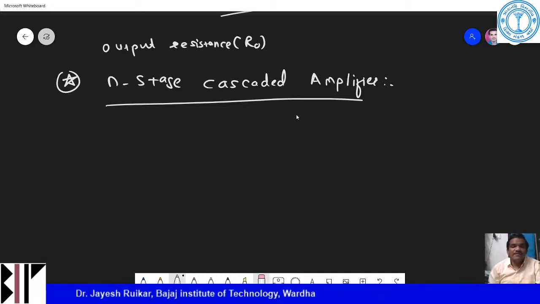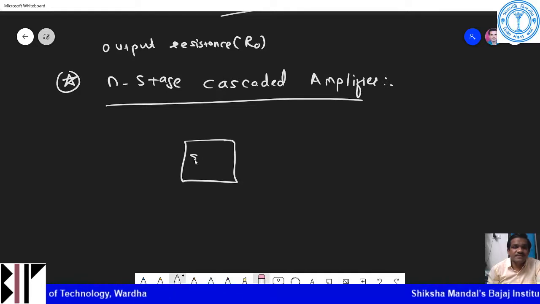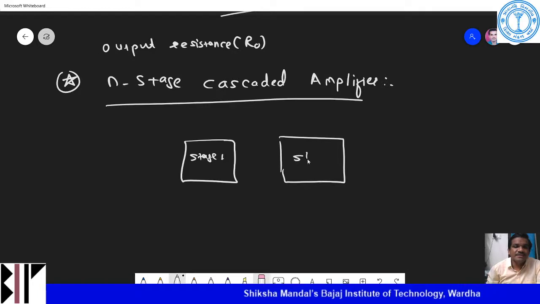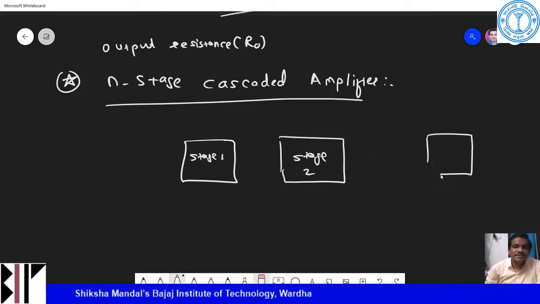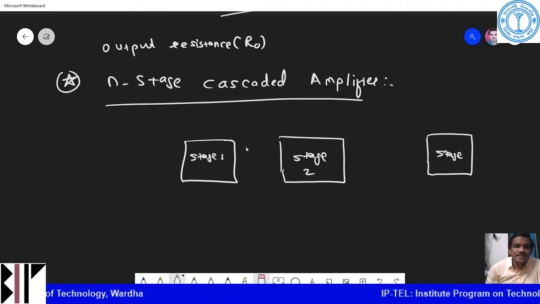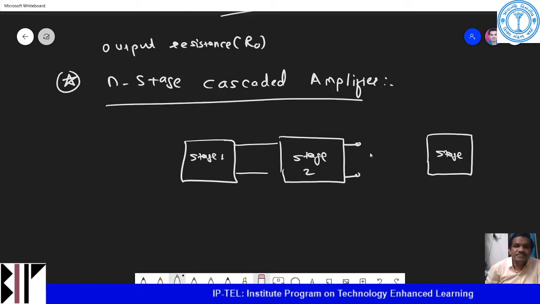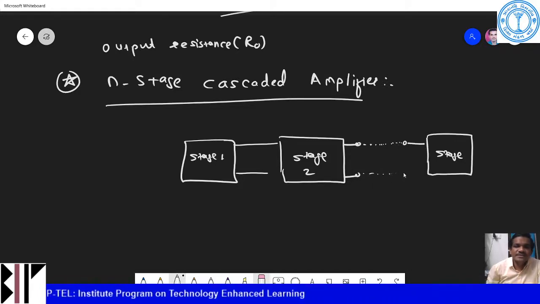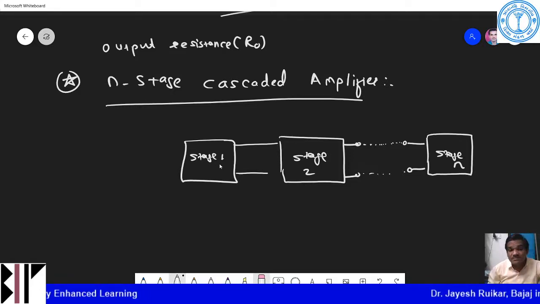Okay, in the earlier case we have seen stage 1, then stage 2, and I will make it stage n now. So there are n stages and they are cascaded. In between these two stages many stages are there, that's why we have mentioned stage n.